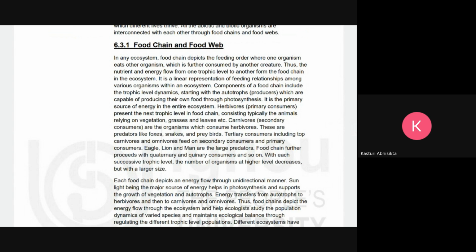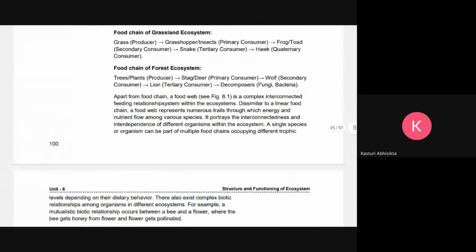They can even eat the primary consumers, because they are meat eaters also. In that case, we cannot simply consider it a food chain, because it is much more interconnected. That is why it is more complex in nature. So when the food chain is complex, it is known as a food web.